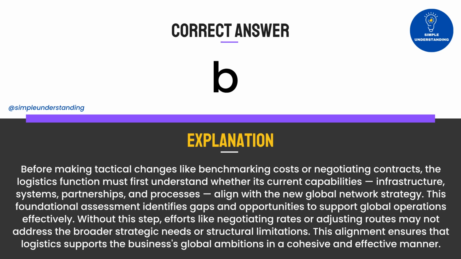This foundational assessment identifies gaps and opportunities to support global operations effectively. Without this step, efforts like negotiating rates or adjusting routes may not address the broader strategic needs or structural limitations. This alignment ensures that logistics supports the business's global ambitions in a cohesive and effective manner.